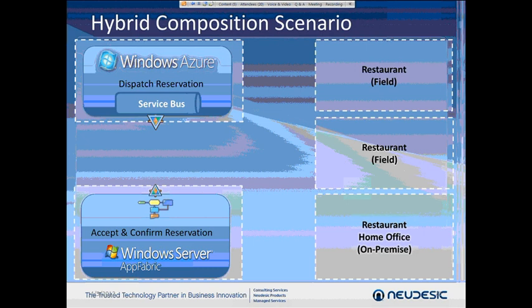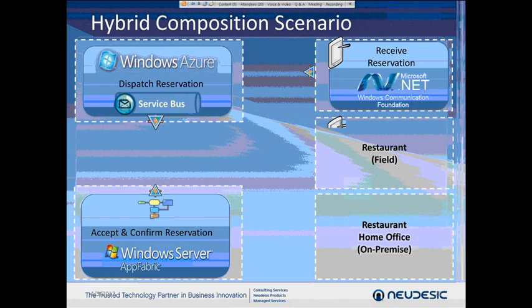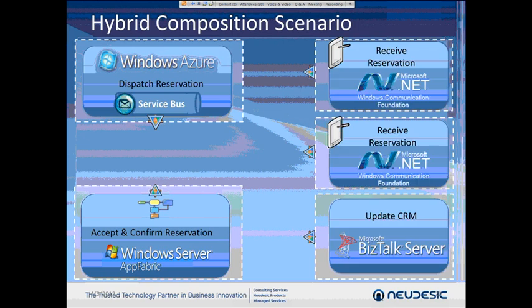And so that might be a combination of having a WCF service running in a web role and using service bus queues or topics, right, to make sure that when that reservation is submitted, it gets published onto the service bus by a highly available service that then ensures that when the restaurants that may, by the way, be occasionally connected depending on bandwidth network constraints, eventually receive that message, right?